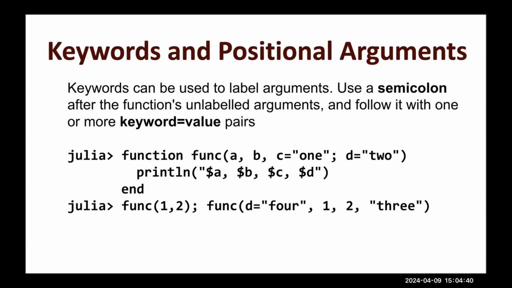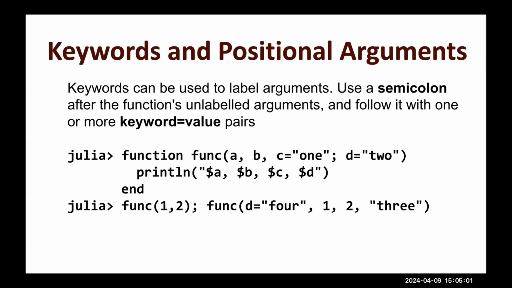The same goes for keyword and positional arguments. The only difference is there's a semicolon that is used to separate these unlabeled arguments. Keywords can be used to label those arguments. For example, A, B, C here.